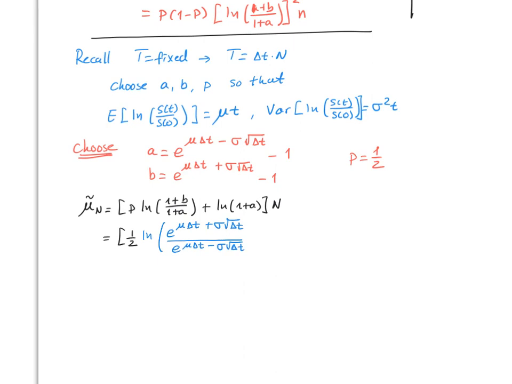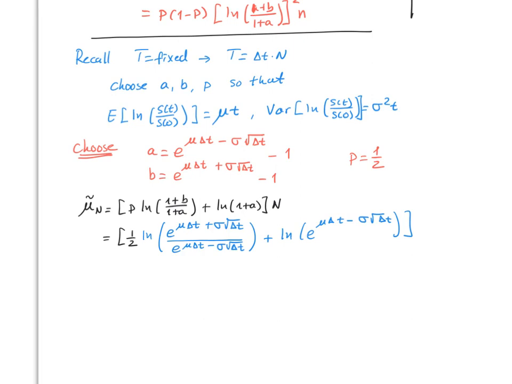The ones cancel each other out. That's why we pick the 1 here. Plus ln of (e to the mu delta t minus sigma the square root of delta t). Okay, so pretty much all we did was plug in these values in the formula we got last time.